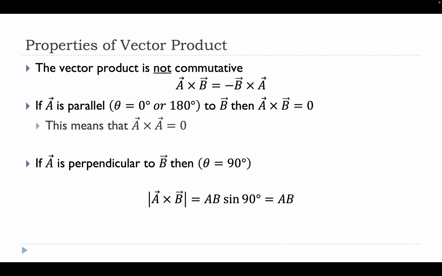For the dot product, if the two vectors were parallel to one another, we have the maximum value because cosine of 0 is 1. And if they were perpendicular to one another, then the dot product was 0. If you think about it in terms of work, any force that's perpendicular to the displacement does not contribute to doing any work on the system.